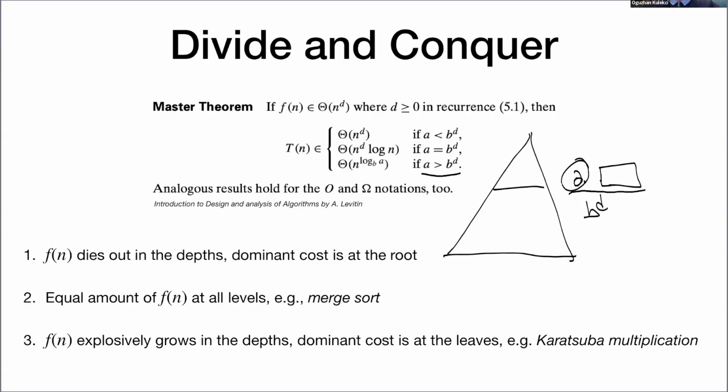When a is greater than b to the power of d, at each level you are increasing your load. So the dominant load will be at the leaf level, and your total cost will be that amount.